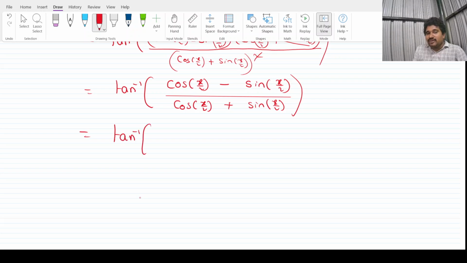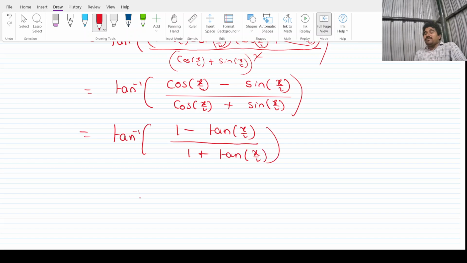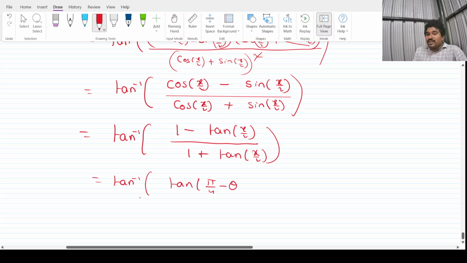So what will you get if you divide both numerator and denominator with cos x by 2? Tan inverse of 1 minus tan x by 2 divided by 1 plus tan x by 2. What is this, 1 minus tan x by 2 over 1 plus tan x by 2? Tan inverse tan of pi by 4 minus theta. Minus theta or plus theta?